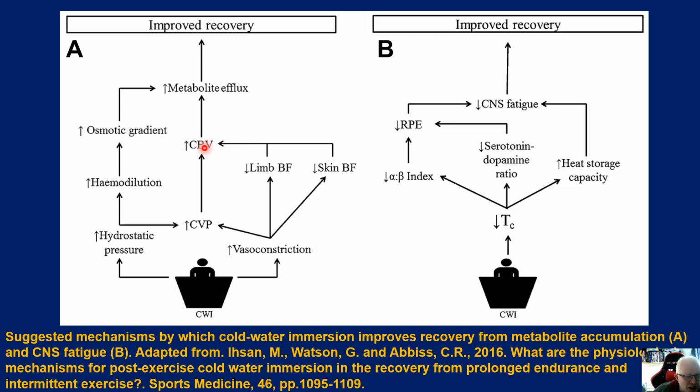So that increases central blood volume because you're moving it away from the periphery. And that then increases what we call metabolite efflux. Combined with the hydrostatic pressures that we've talked about, you get the hemodilution, that osmotic gradient, and again, it will all appear, or is supposed, to enhance this recovery process.